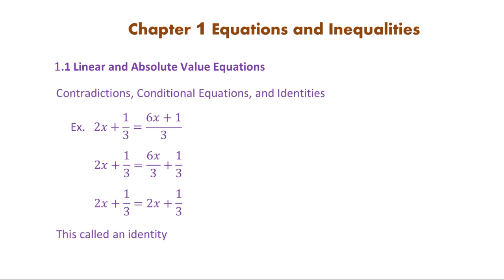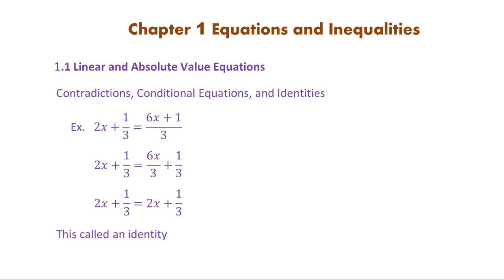Okay, so we call an equation a contradiction if you cannot find the solution, if there is no solution for the equation. Okay, so that's completely contradictory. If you get one or a few solutions from the equation, then we call this equation conditional, because the equation holds in the condition of those few solutions.